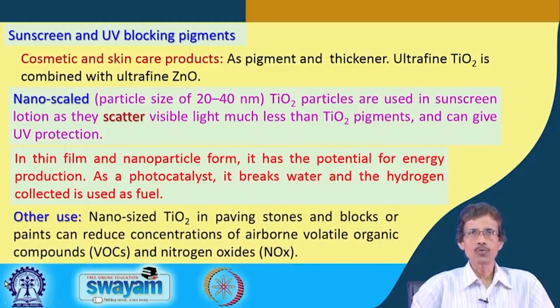Then another very useful use of titanium dioxide, the very small nanoparticles of titanium dioxide, is for making pavement stones, that means stone blocks, or paints which can reduce the concentration of airborne volatile organic compounds. When the sun rays come, basically when the surface of that titanium dioxide is activated photochemically, it can function as a photocatalyst for the breakdown of these organic compounds.